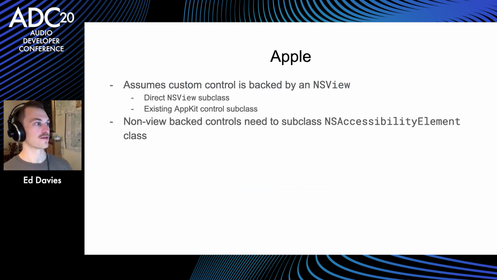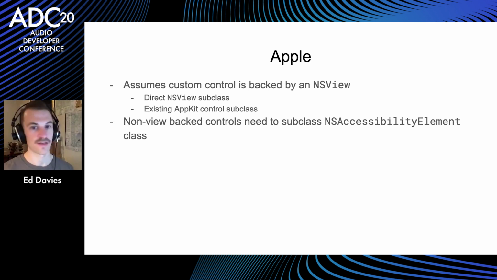However, this assumes that the custom control is backed by an NSView. So that's either going to be a direct NSView subclass or a subclass of any AppKit control, because they subclass themselves from NSView. So NSView is the base class for pretty much all the AppKit UI elements.